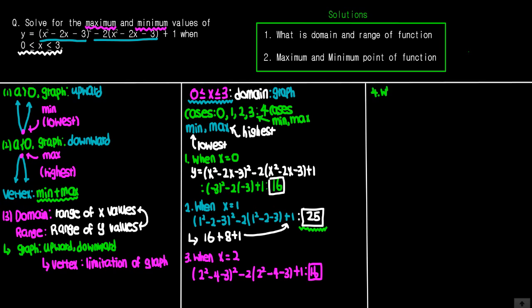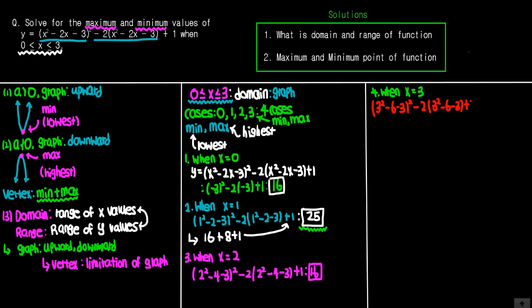When x is equal to 3, it is the same thing as inputting 3 in place of x. So we'll turn into 3 squared minus 6 minus 3, squared, and then minus 2 times 3 squared minus 6 minus 3.